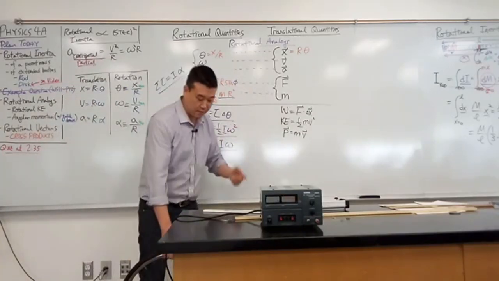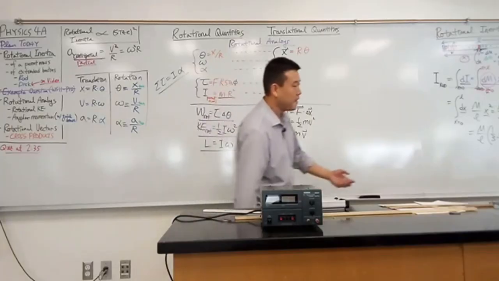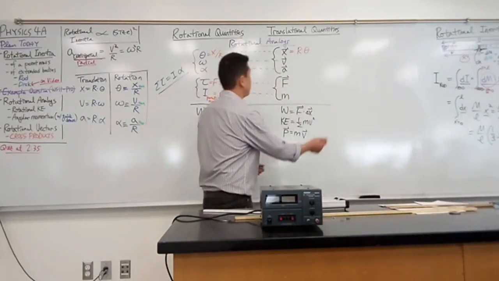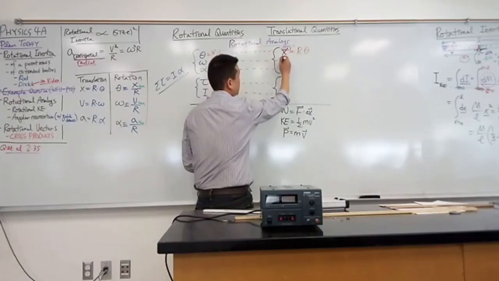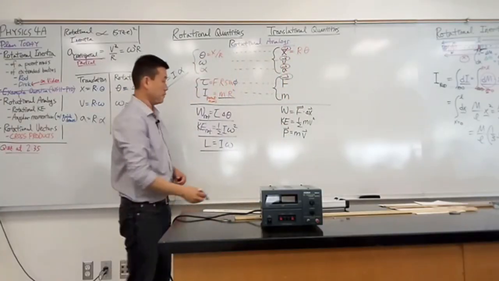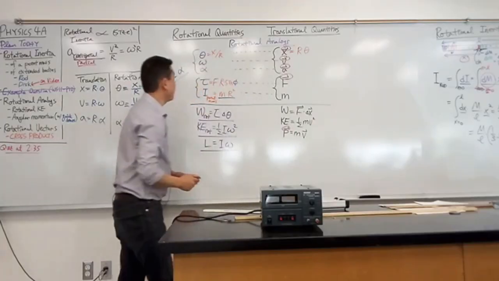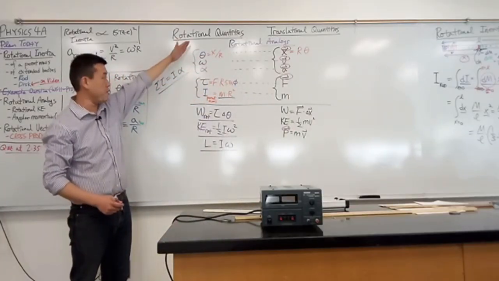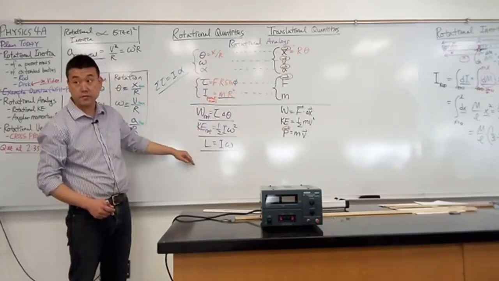This is what I wanted to point out, but I ran out of time. With the translational quantities, you have seen me meticulously draw these vector notations, right? With the rotation, I haven't done that because we haven't treated any of these rotational quantities as vectors.